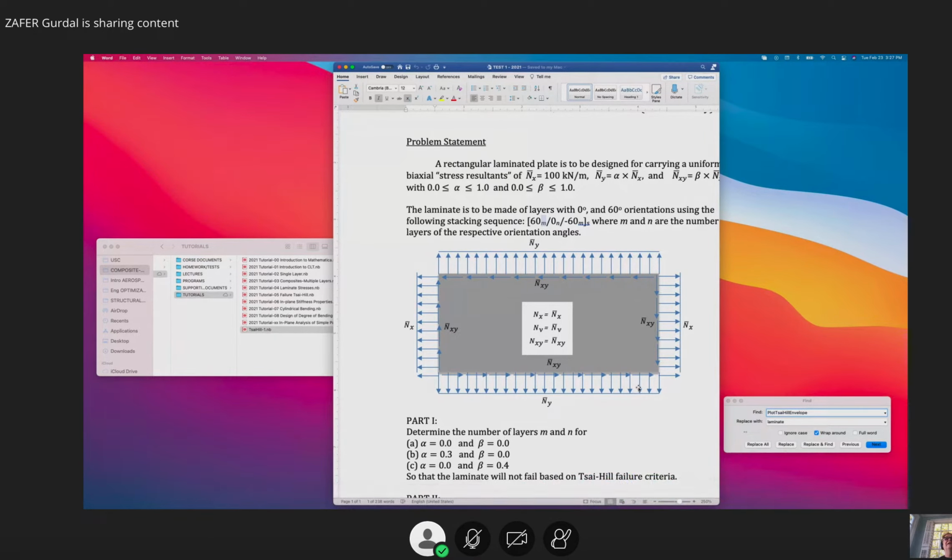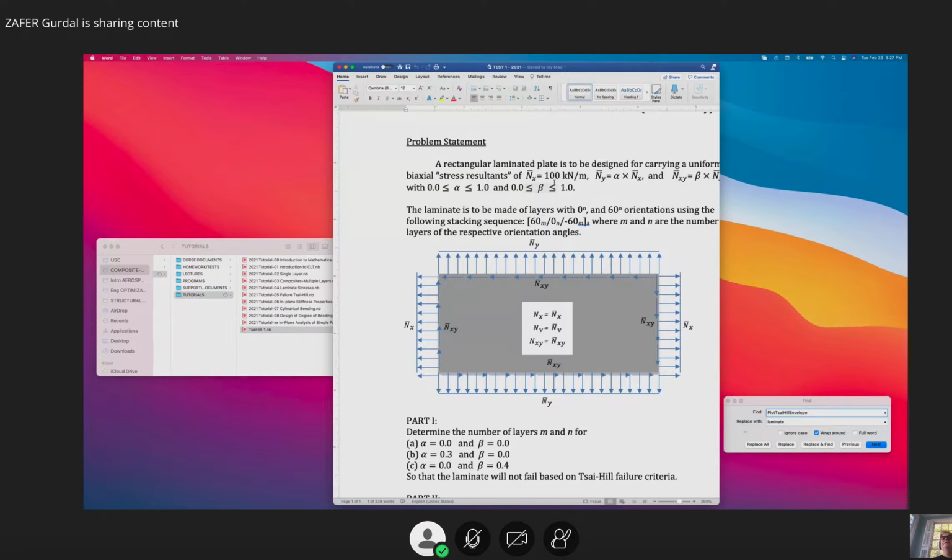And then starting with the next lecture, we're going to start talking about optimization. How do we optimize these laminates for performance or for light weight, and how do we introduce constraints in the design problem formulation? That will be coming up. But first, let's finish the bending stiffness.